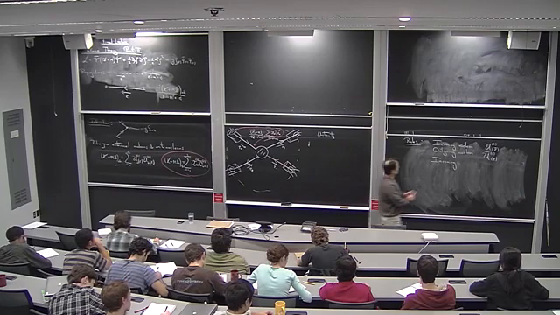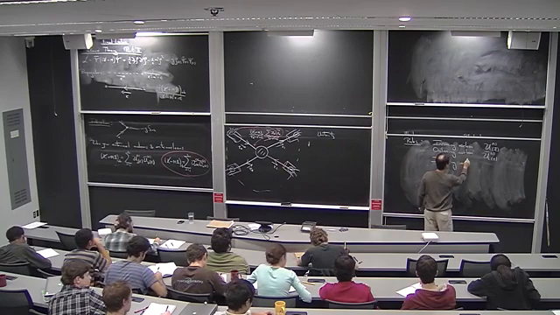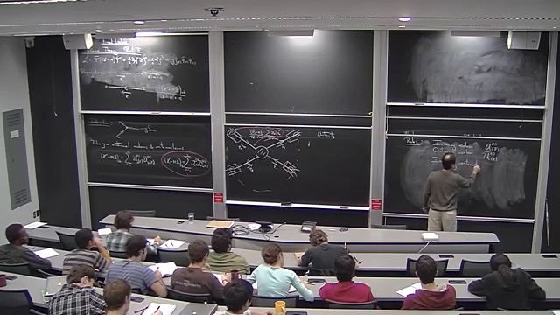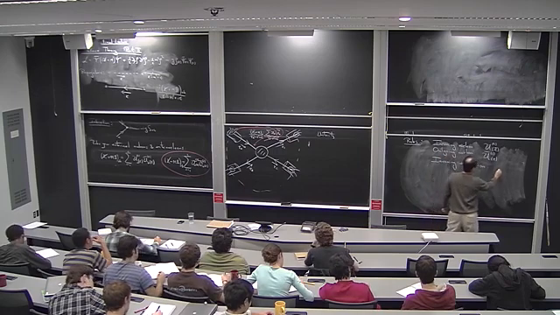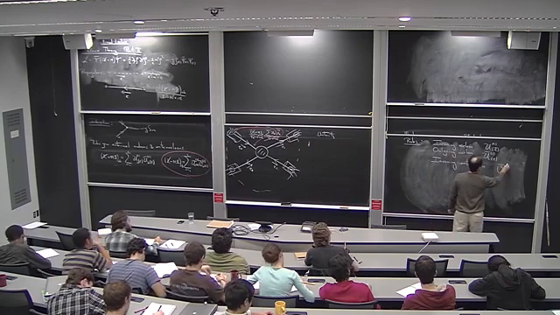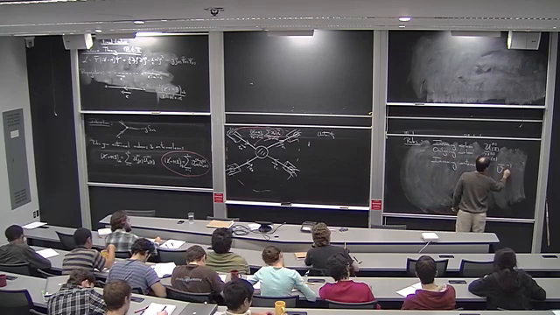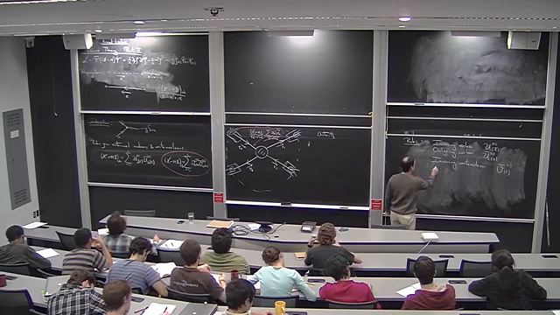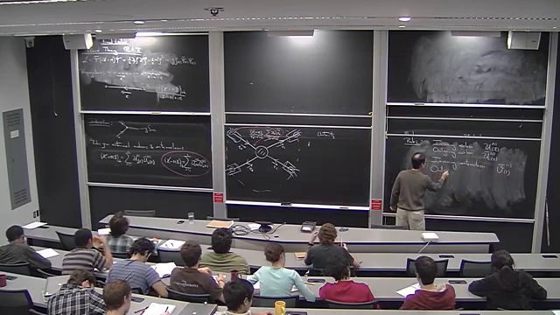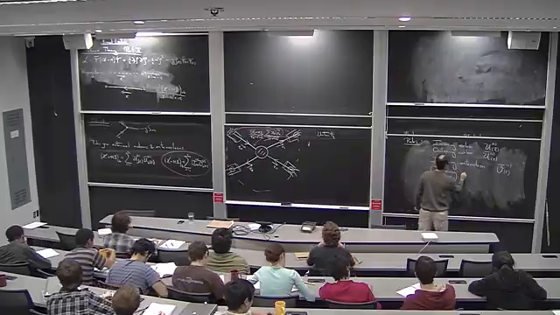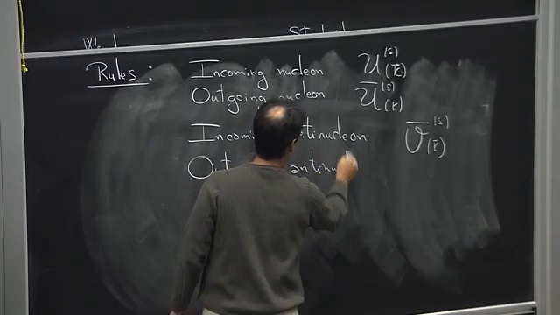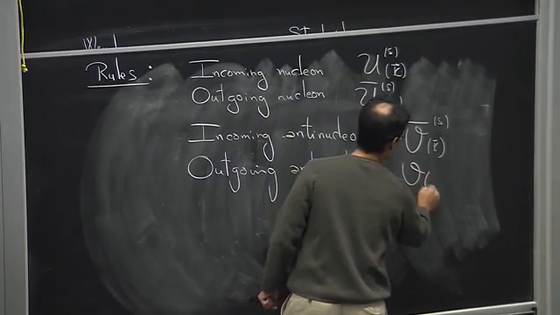And we're going to get that for an incoming antinucleon we should use v-bar, and for an outgoing antinucleon we should use v.